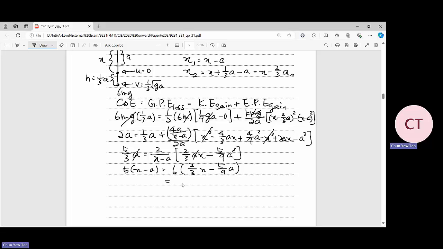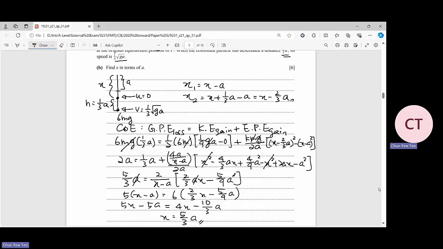You can get this one as the 4x minus the 10/3a is a 5x minus a 5a. You have x is equals to the 5/3a. Done. This will be the answer that you have for the B. Okay, so this is how we get the answer x in terms of a. Just like that, done. Move on.